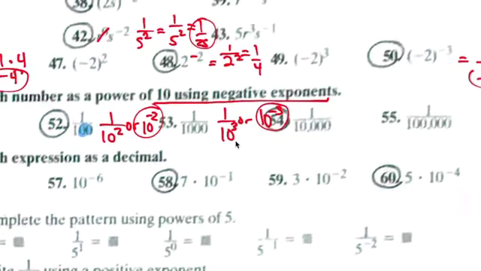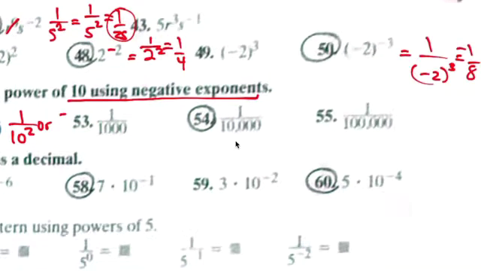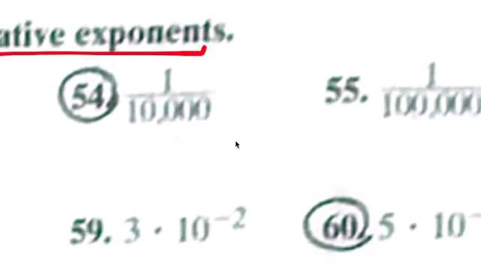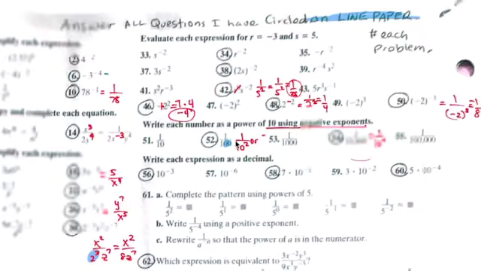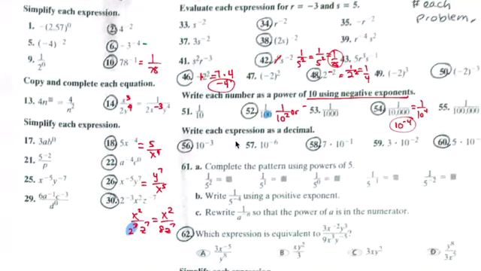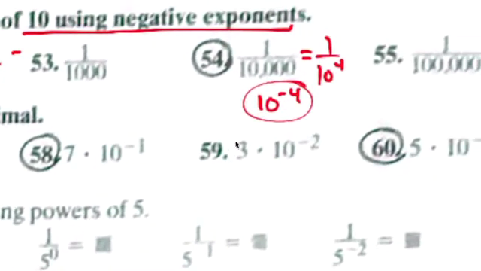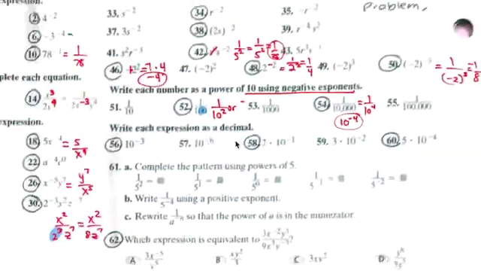Oh, you don't have to do 53. Keep forgetting. 54, it's 1 over 10 to the fourth power, or 10 to the negative fourth power, like that.